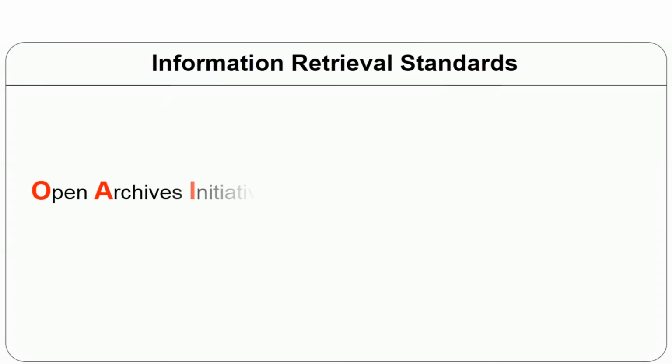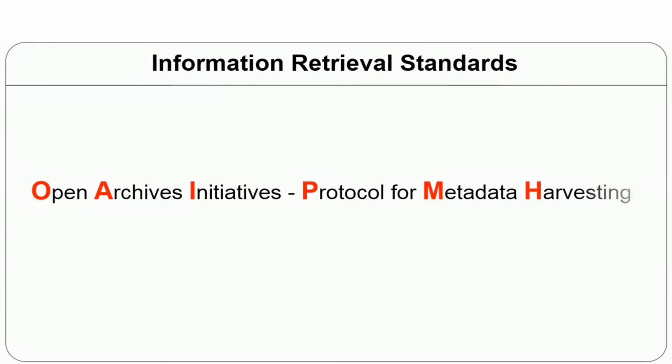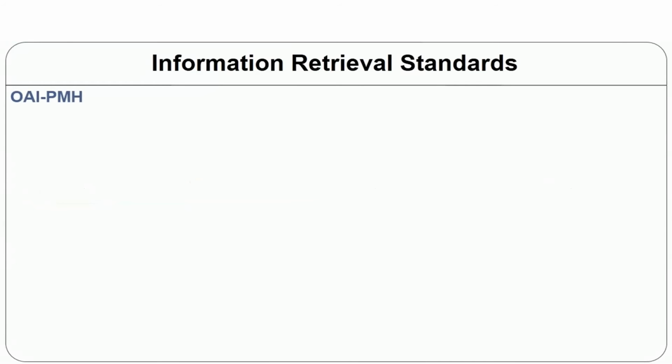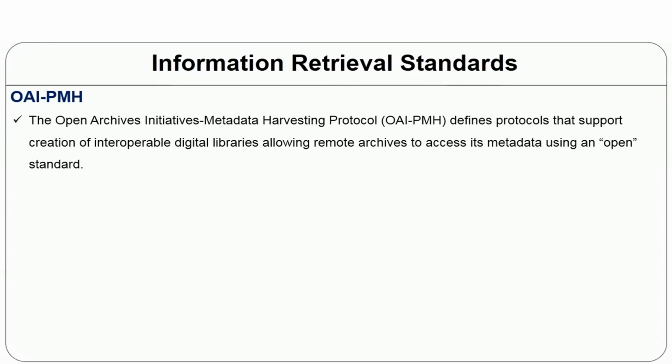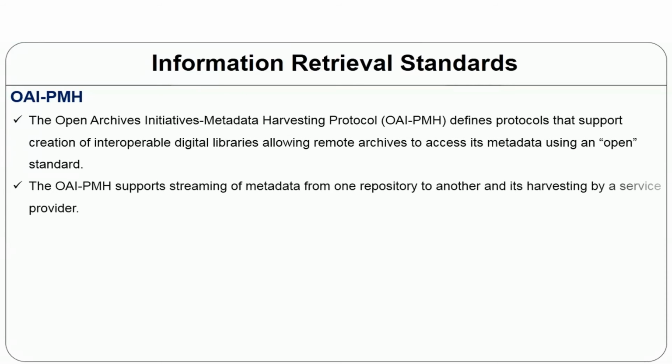OAI-PMH is the Open Archives Initiative Protocol for Metadata Harvesting. The combination of both defines the protocol for information retrieval. It supports streaming of metadata from one repository to another. We at the INFLIBNET Centre use Shodhganga as a national repository of theses. If it is OAI-PMH, any harvester can harvest the metadata. So we tell them that this is our OAI-PMH URL, and when they get that kind of URL, they can harvest the metadata.